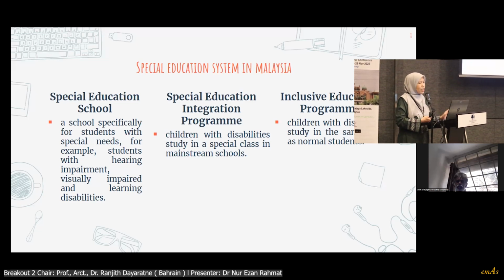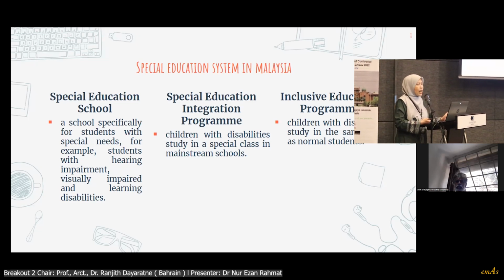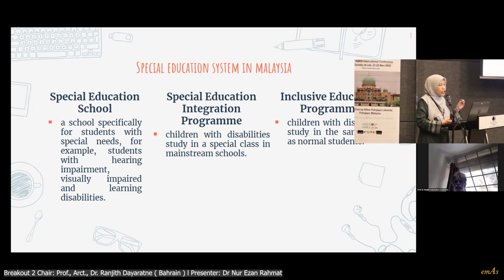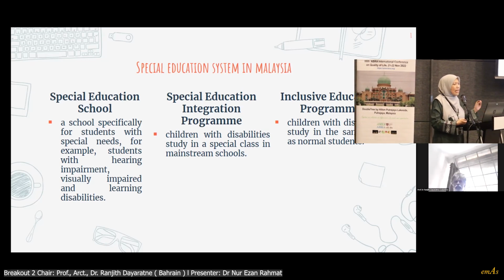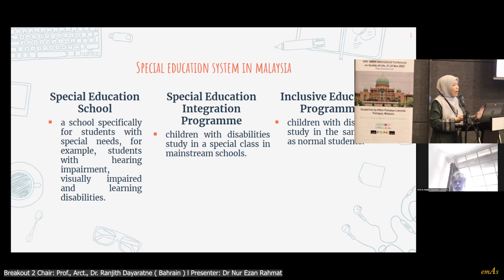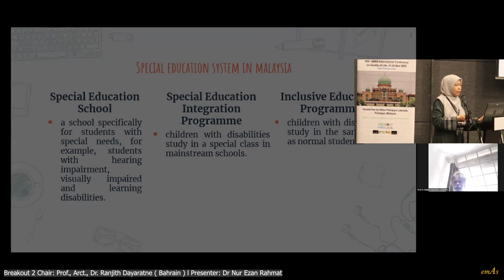The special education integration program is in a mainstream school, whereby the children with disabilities study in a special class. The third one is the inclusive education program, whereby these children with disabilities study in the same class as normal students, but there are not many of them.